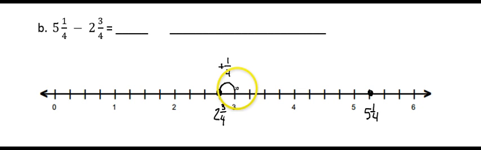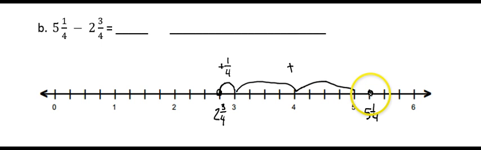Then I'm going to jump my whole numbers, so if I can jump from 3 to 4 and then 4 to 5, that's a hop of 2 whole numbers. My final hop will be one more hop of 1/4. That lands me at 5 1/4. Now I just need to add my hops, so I have 2 wholes and 2 fourths.